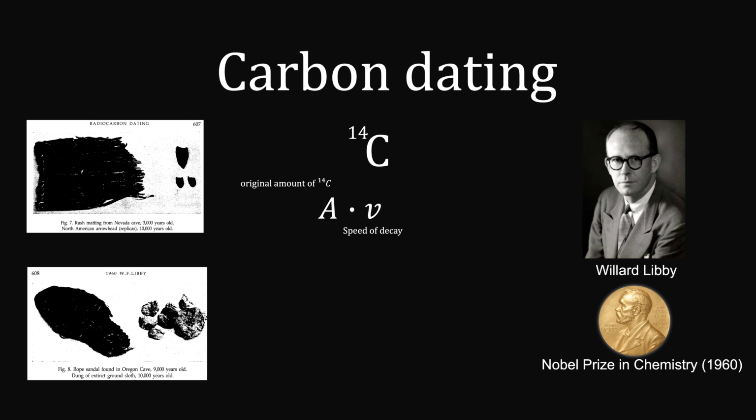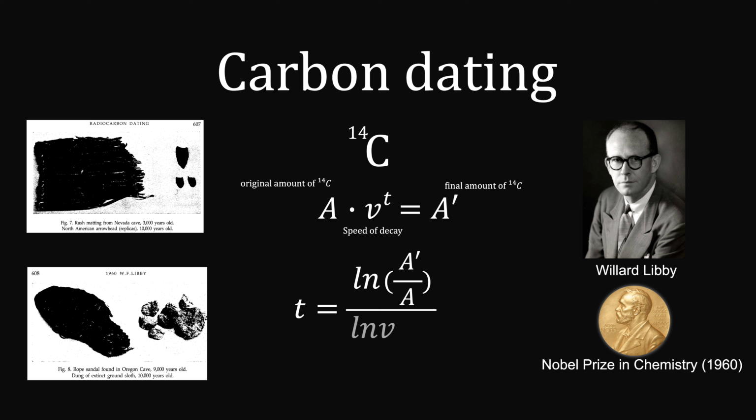Then the original amount will go through that decay for a certain time to become the final amount. So you can find out the age of the material as the ratio of the two logs. Of course, the tricky part is to measure the speed of decay, and also figure out the remaining ratio in terms of the original, because you don't know the original amount.